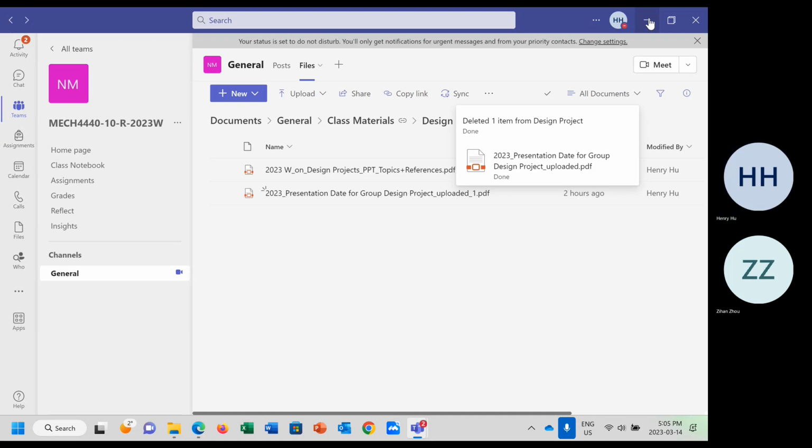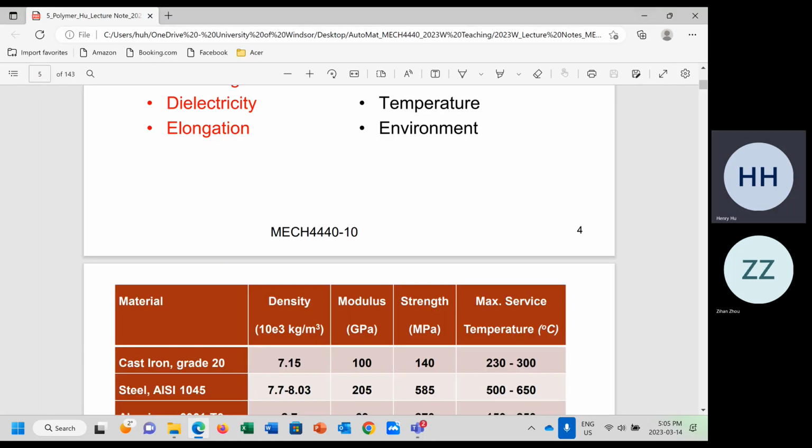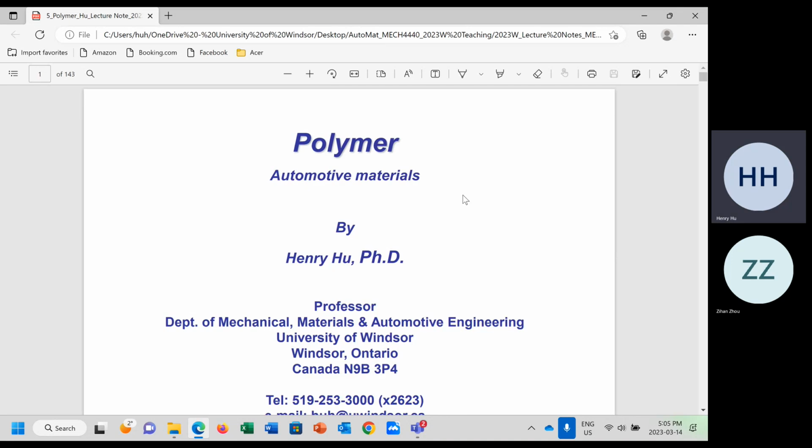Okay. Any questions over there? If not, we're going to start to talk about the last module, which will cover the polymer.